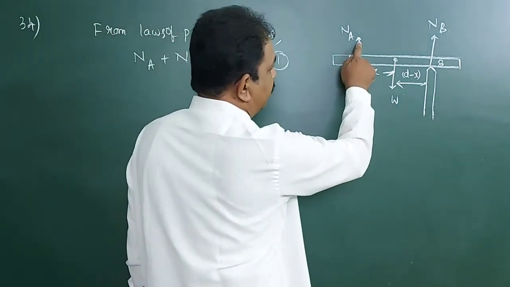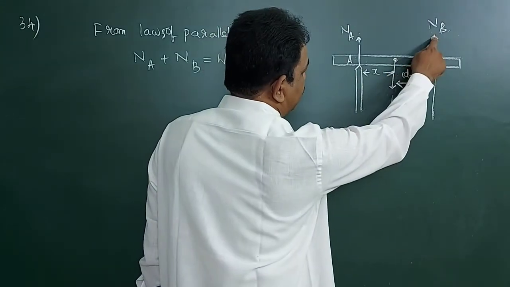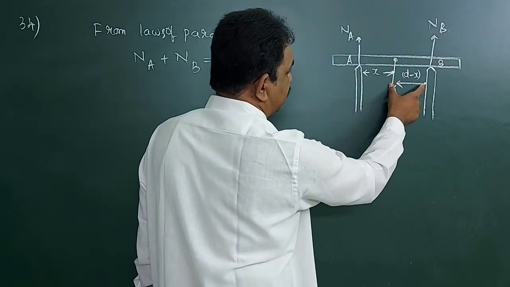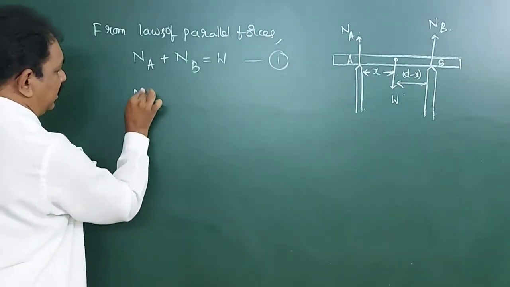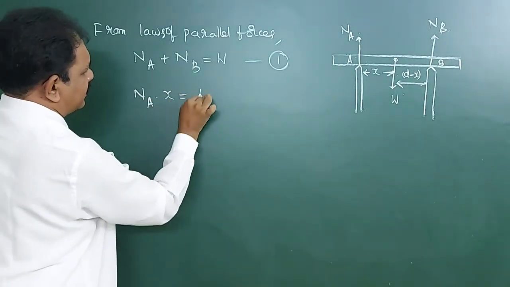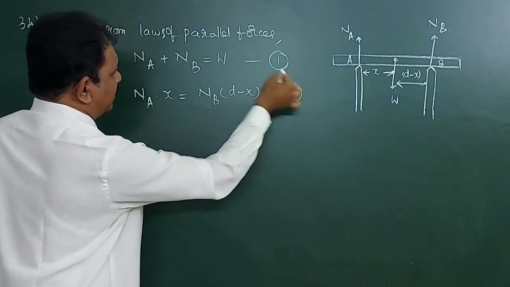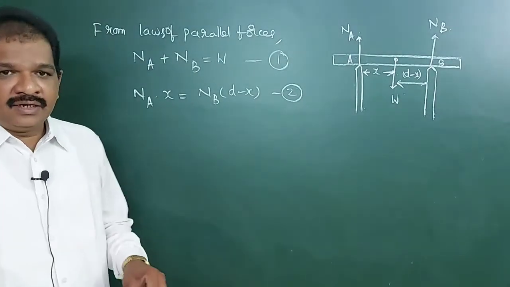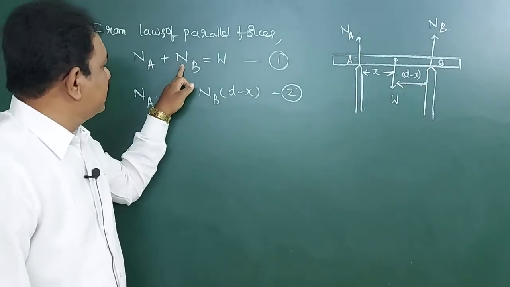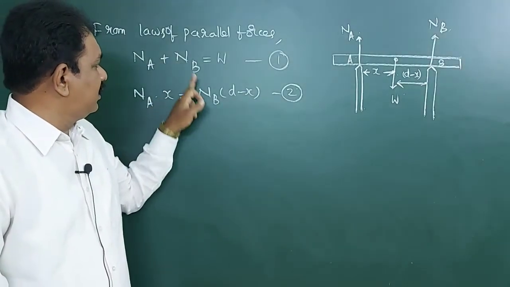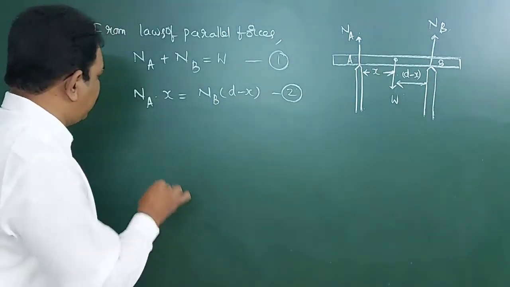So here this is NA, this distance will be X. Here this is NB, this distance will be D minus X. NA into X is equal to NB into D minus X. Find the NA value, that is the question. So from this we will write the NB value, substitute here and calculate the NA value.